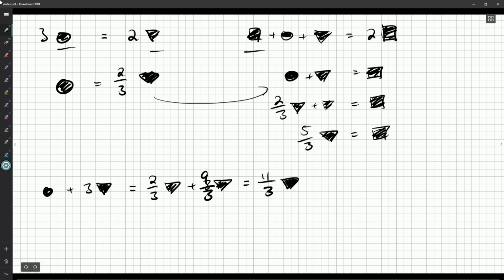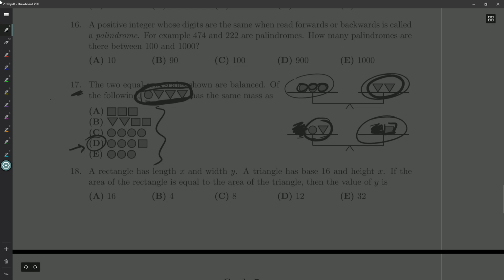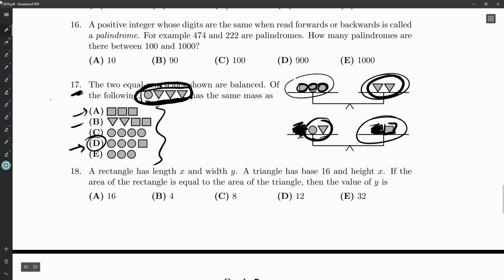Okay. So now what we could do is we could go to each one of these in turn and figure out their value by translating them into triangles, and whichever one is equal to 11/3 of a triangle should do the trick. So for example, A is 3 squares, except a square is 5/3 of a triangle, so 3 squares is really just going to be 5 triangles. So A, definitely not the right answer.